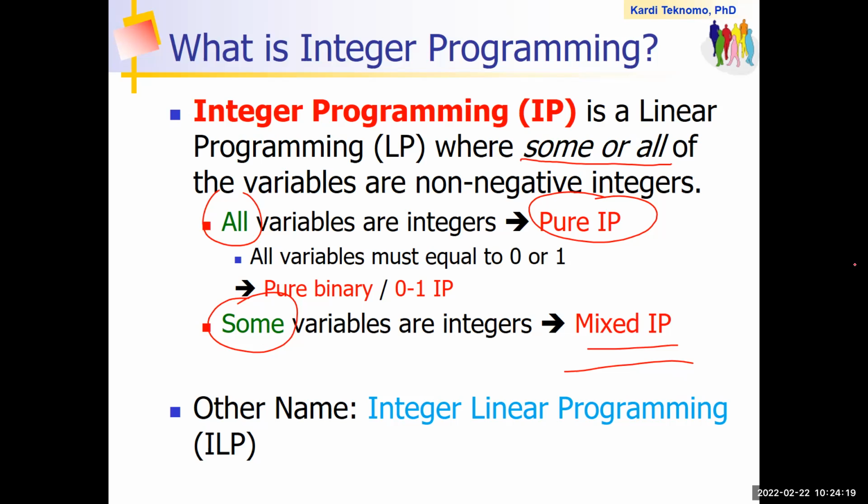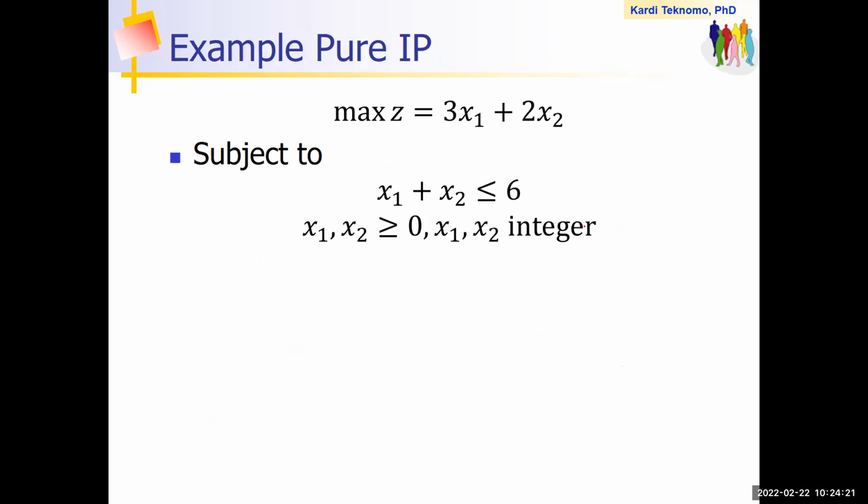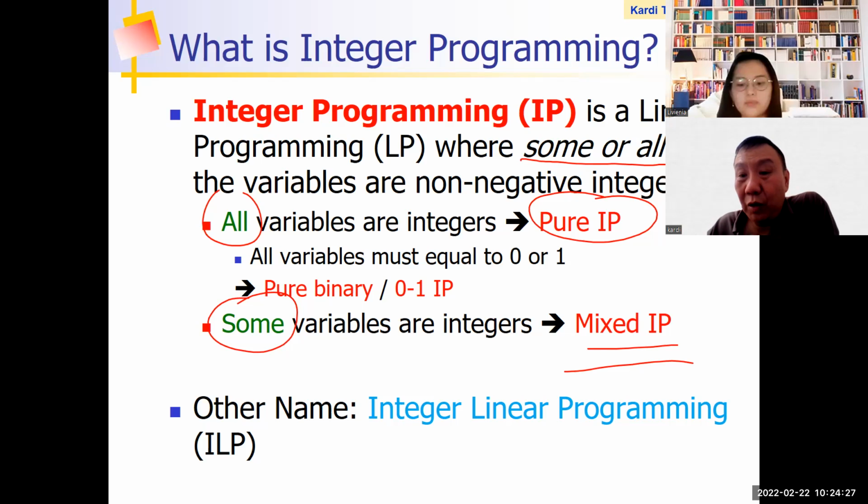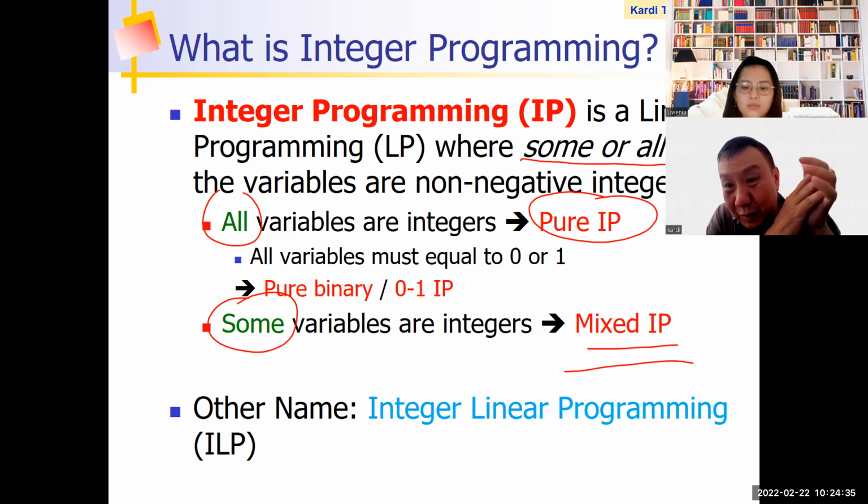Why is this separated? For a user, if you just want to use the software, there is not so much difference. You just set it as integer, that is okay, right?